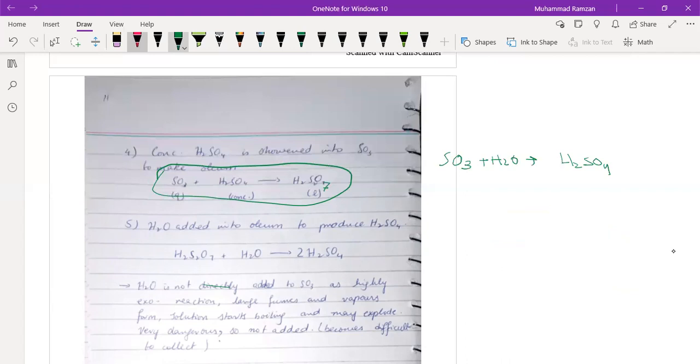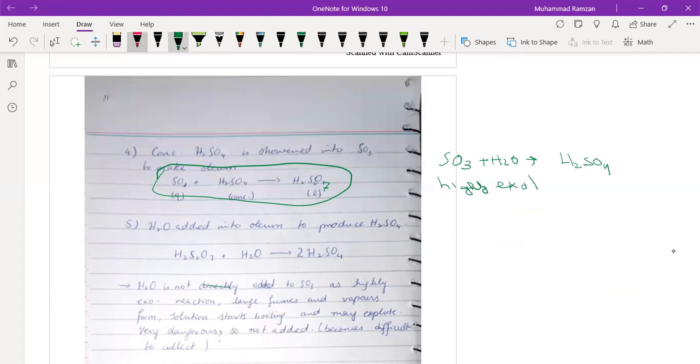We don't react SO3 with H2O to get H2SO4. Why? Now please look. The reaction of SO3 with H2O is highly exothermic.